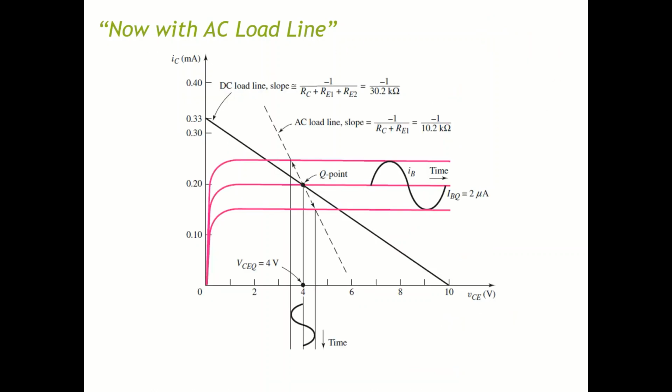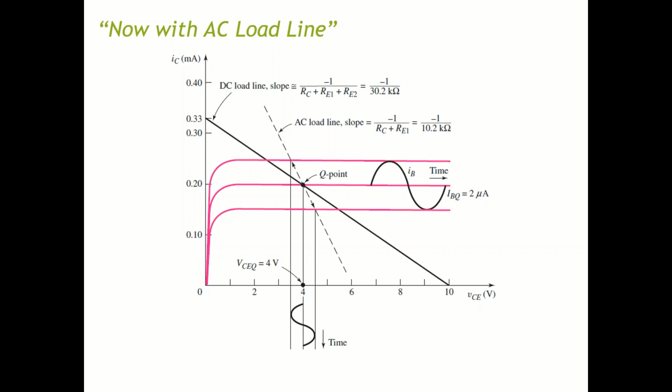So now you can add your AC load line into your transfer characteristic plot. First thing you can see clearly is that the AC load line and the DC load line meet each other at the Q point. However, the slope of the AC load line and DC load line are different.